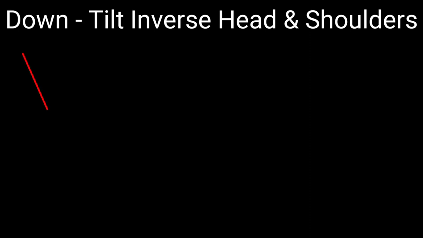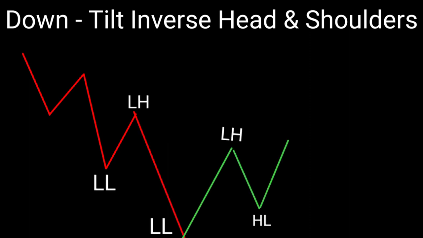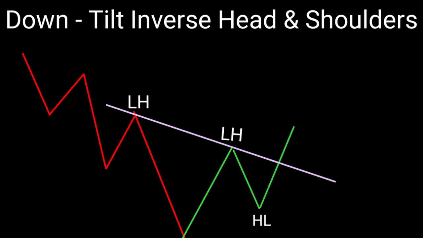Now let's go to the down tilt inverse head and shoulder pattern. In a down tilt inverse head and shoulder, you have a downward trend making lower lows and lower highs. Then after a lower low, there is also another lower high. However, the next low is a higher low instead of a lower low.